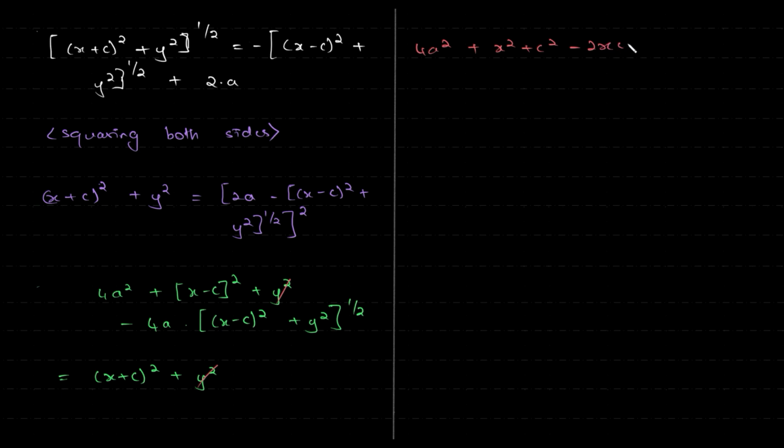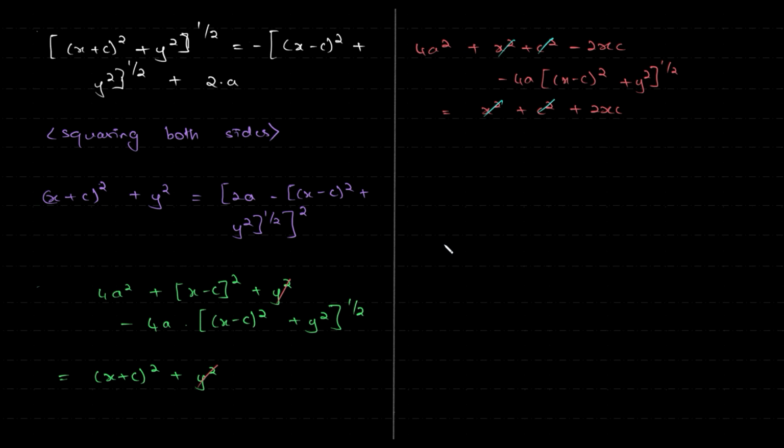Then we still have minus 4a times the square root of (x minus c) the whole square plus y square. And this is equal to, on the LHS, x square plus c square plus 2xc. Again we have a few things that we can cancel: x square, c square, c square.